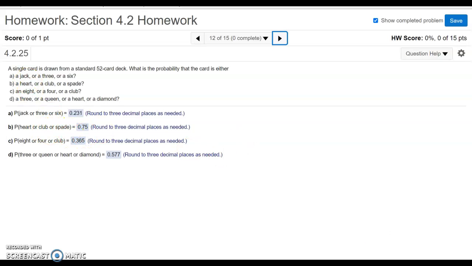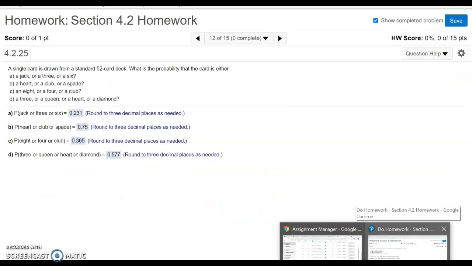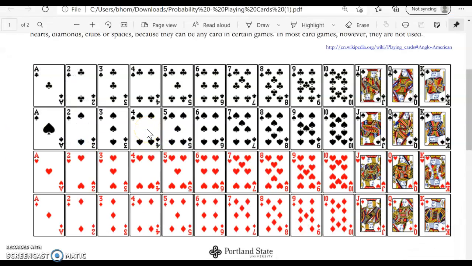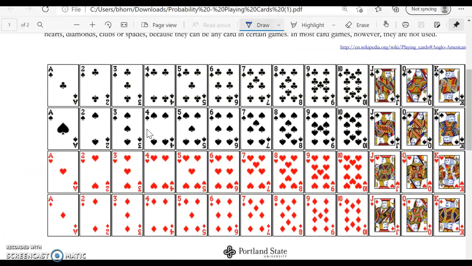All right, a heart or a club or a spade, or you just add. So your hearts here, if you look across here, you have 13. And then you have to be careful here. So here are my hearts.